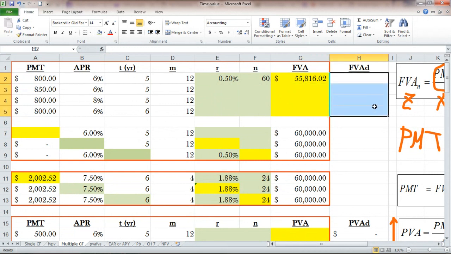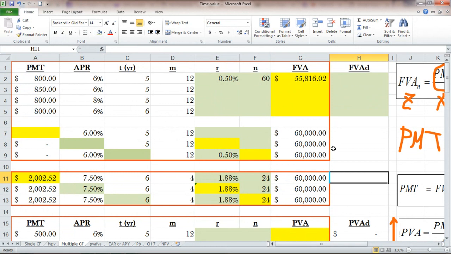Then I want you to delete column H. 55,860. Okay, some people might say, hooray, I got it. No, you haven't got it yet. Why? What was our task?